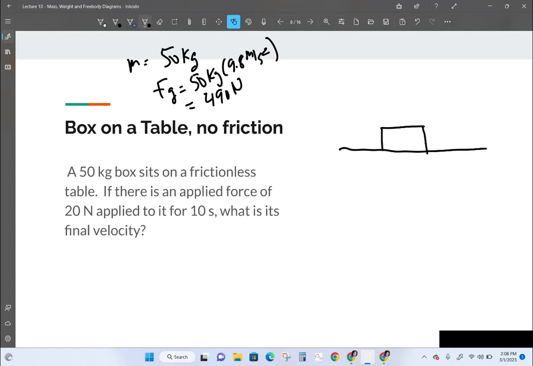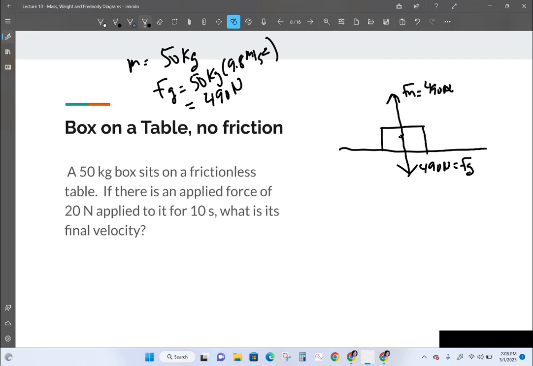First of all, let's draw the vector diagram. It has weight, which is 490 newtons, and it has a normal force, which is equal to the weight in this case, because all of the forces add up to 0.